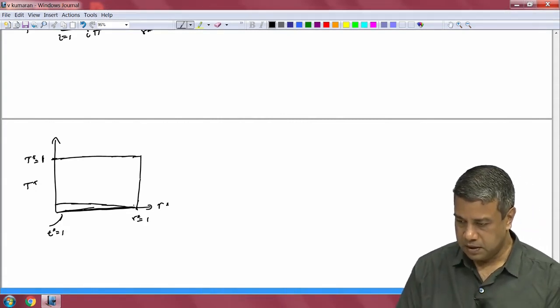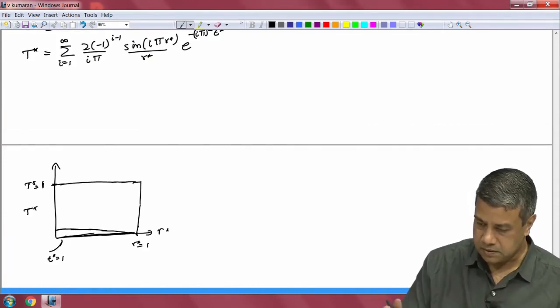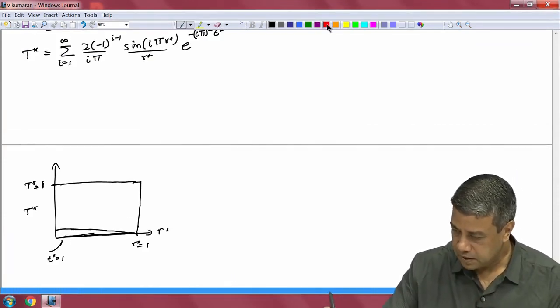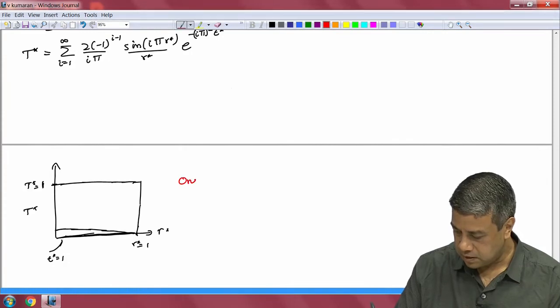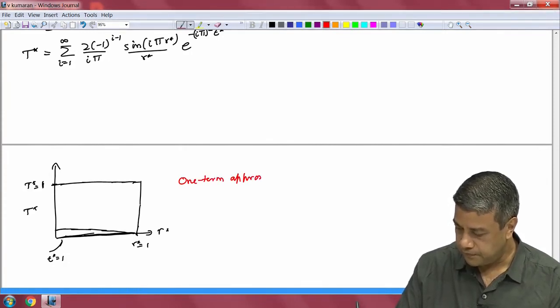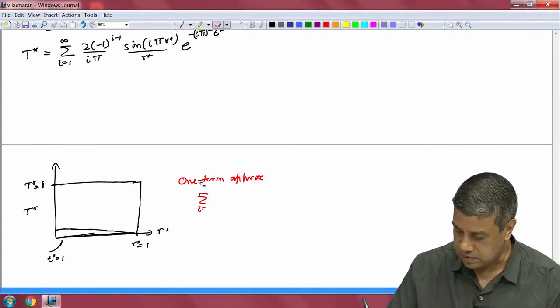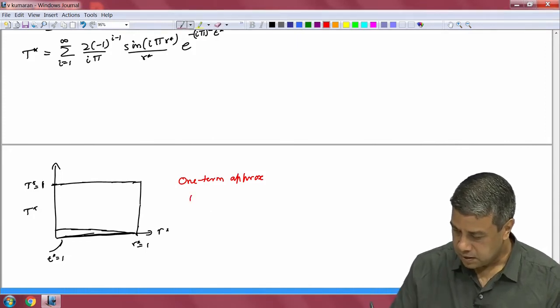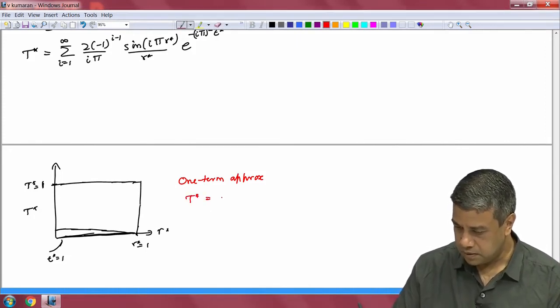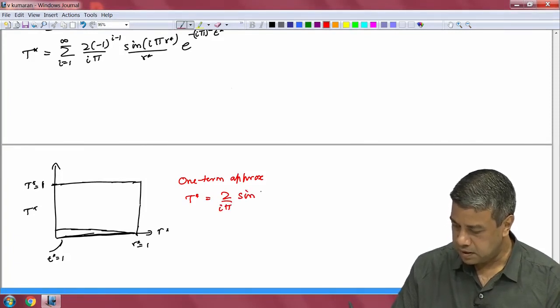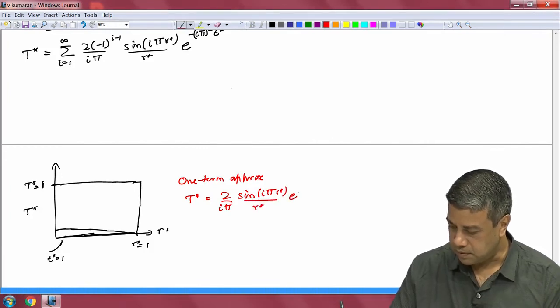And this series, you can also consider the one term approximation, T star is equal to 2 by i pi sine of i pi r by R, e to the power minus i pi the whole squared t.